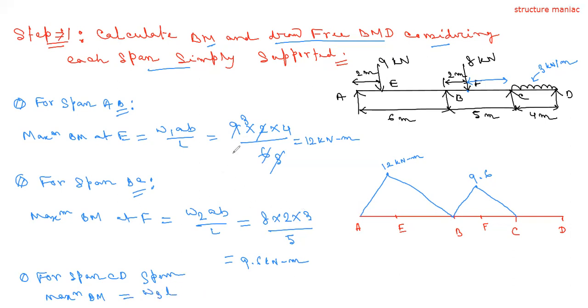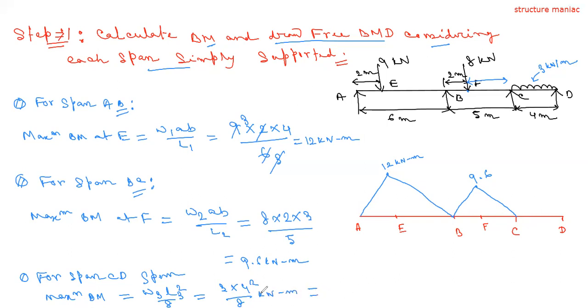Say if we give the name of this length, that will be L1, that will be L2, and that will be L3. W L square, or W3 L3 square by 8. W3 is 3 kilonewton per meter, 3 into 4 square by 8 kilonewton meter.